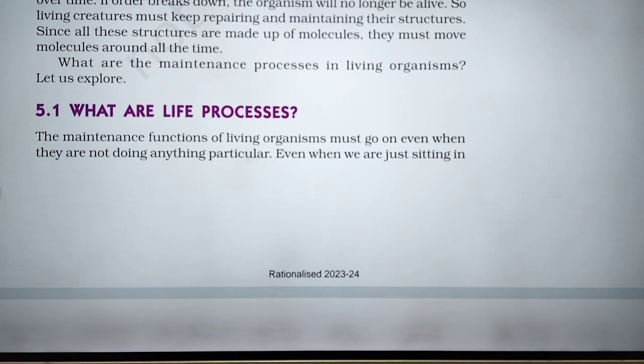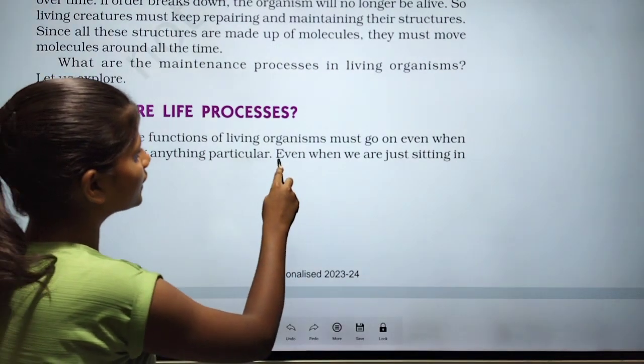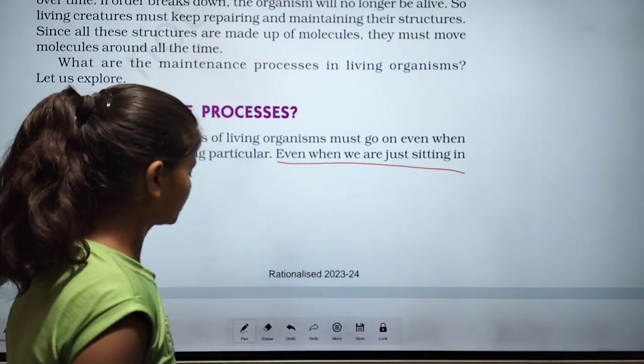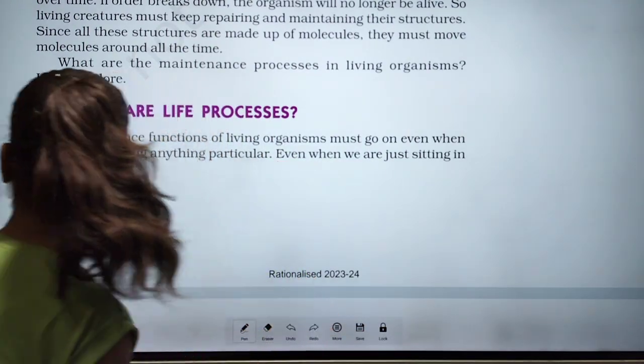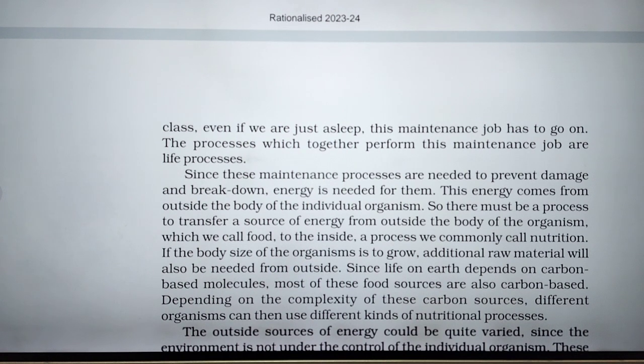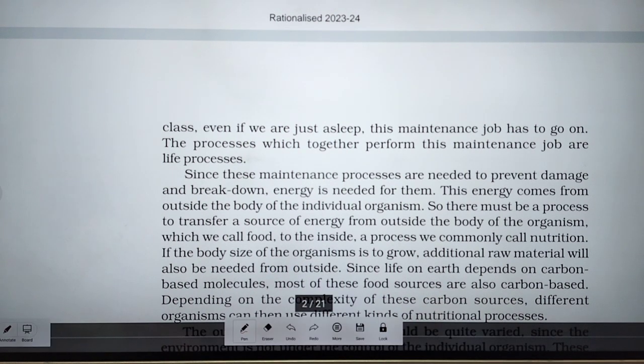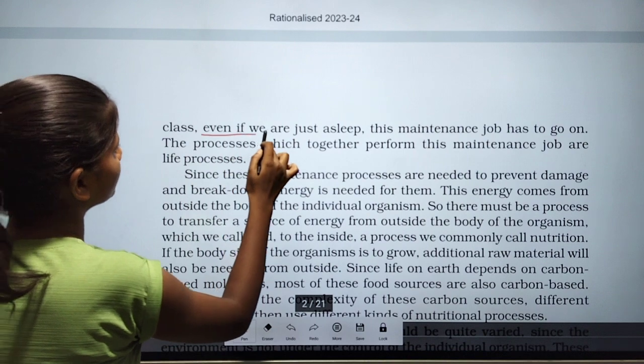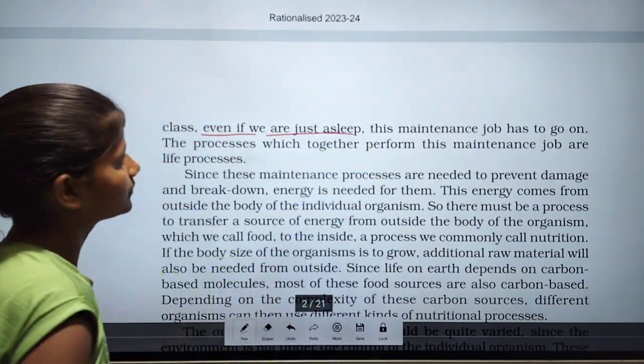Our functions cannot stop, even when we are just sitting in class, even if we are just asleep.